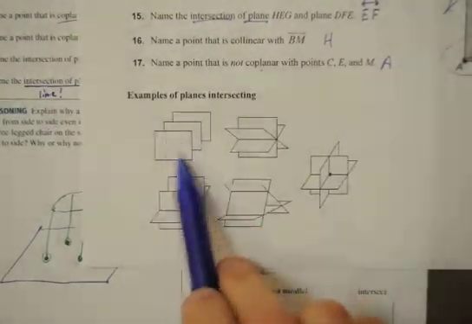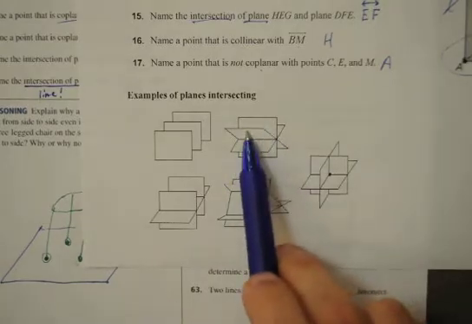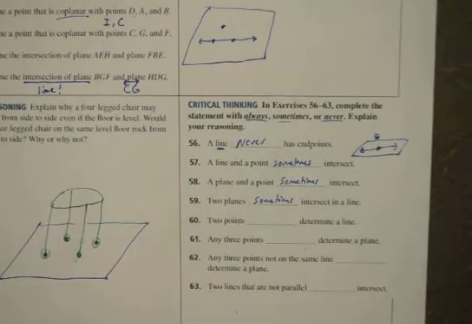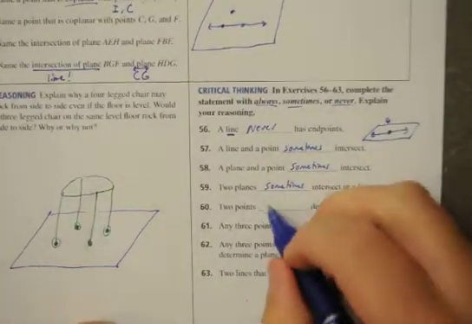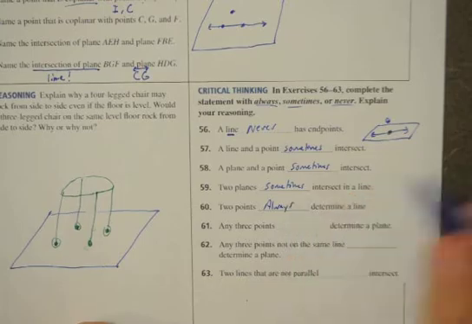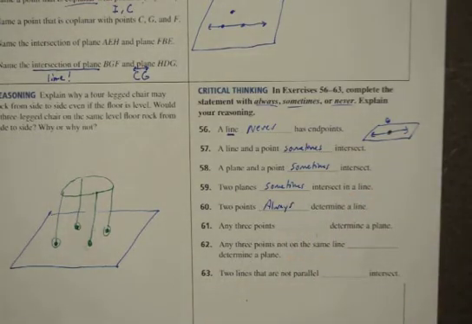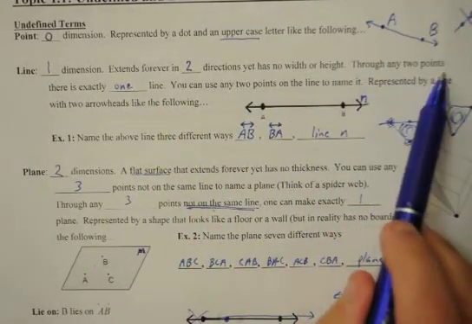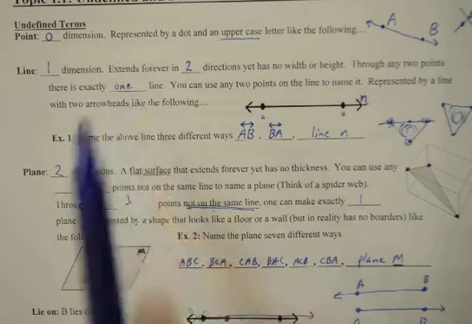These planes do not intersect, these planes do intersect, and these planes intersect. Okay, so it's sometimes. 2 points always determine a line, right? Isn't that what we said here? Through any 2 points, there is exactly one line.